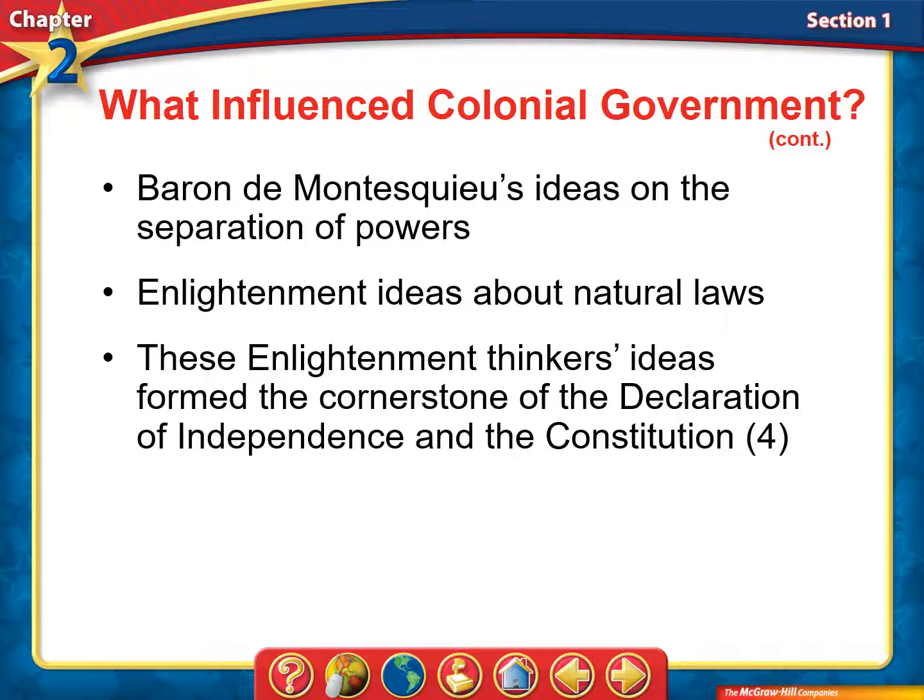Okay, so the idea here is that these philosophical ideas, what we can really call common sense, provided the framework for the Declaration of Independence and the U.S. Constitution. And I think that's the cool thing about it. You don't have to memorize the Constitution in this class, but you will be exposed to all the amendments, and hopefully they will stick in some way.